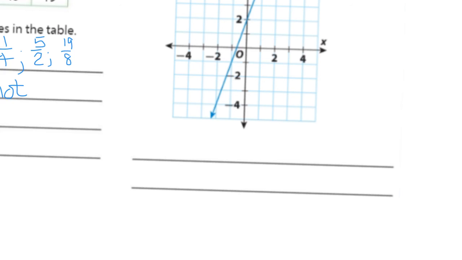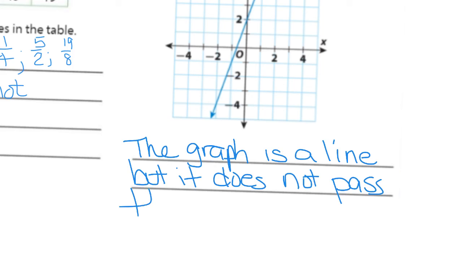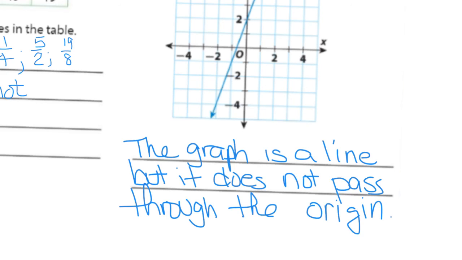So you can say the graph is a line, but it does not pass through the origin. Easy enough.